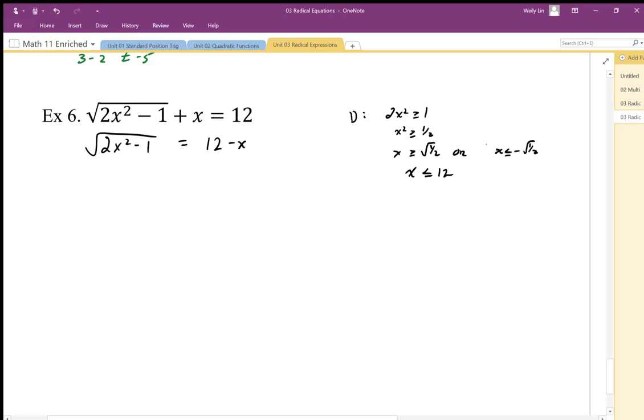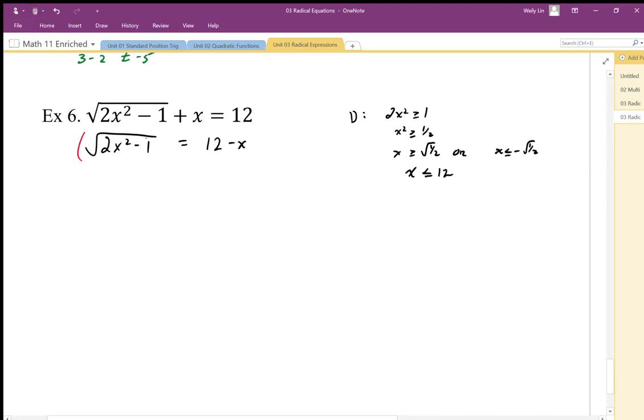So based on these restrictions, this is going to be a little bit complicated, but let's maybe deal with this afterwards. We'll just solve this first.